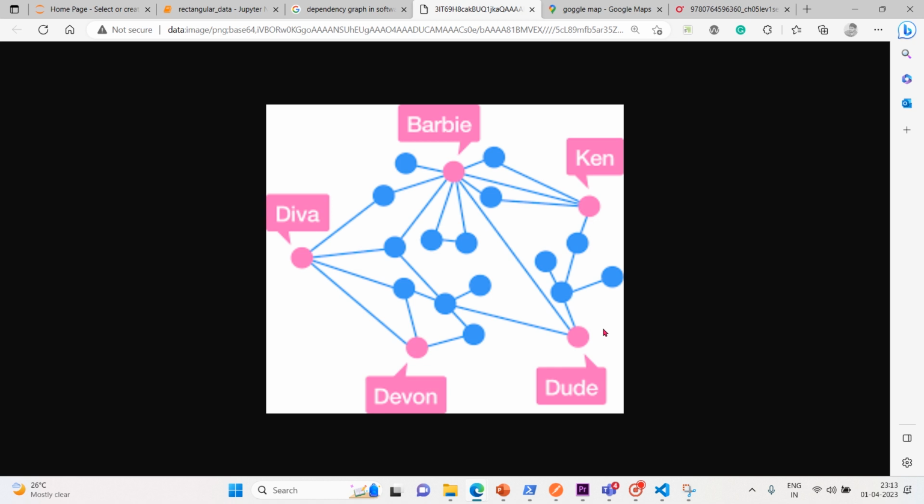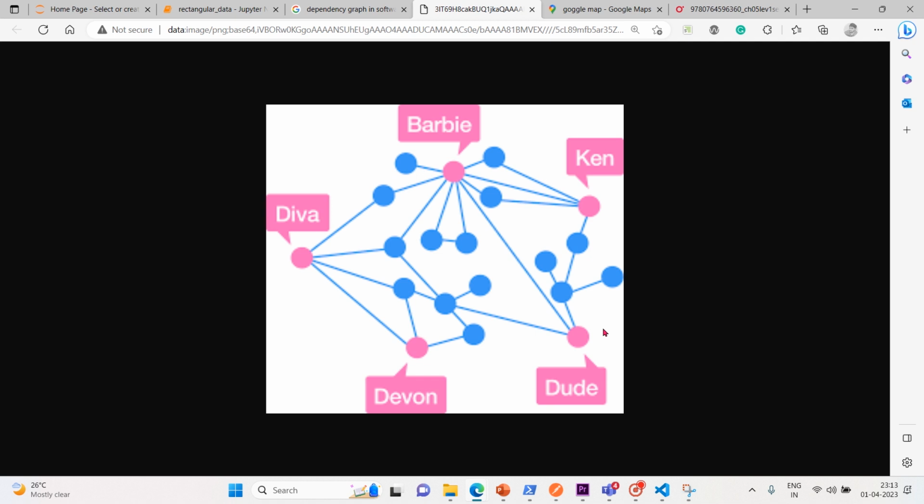If you see your LinkedIn, you will find the primary, secondary, and tertiary. Why? Because that is how the data will be graphed. This is how the data will be collected. So this kind of data, from LinkedIn or Twitter or Facebook, all these connection data will be collected in graph data format. This is the best example for graph data.